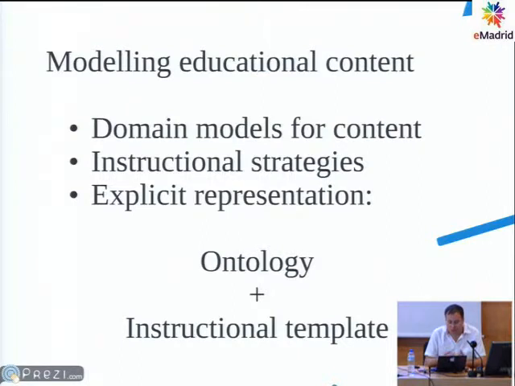So those, in the last sentence, are the way we have to organize these two different kinds of knowledge from the instructional point of view. On one hand, the domain: we can organize it using an ontology, and we can populate the ontology with a domain model. And also, we can use instructional templates, which are formal specifications.